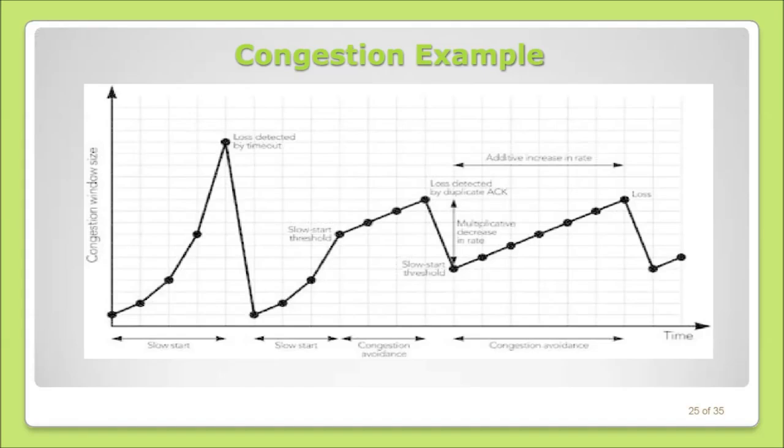Slow start, congestion avoidance, we have discussed these techniques which are used for the congestion control mechanism, and there are spikes for loss detected by timeout. And when congestion is detected, transmission speed will be slowed down. So data transmission speed will be slowed down, and in this way we can control congestion.